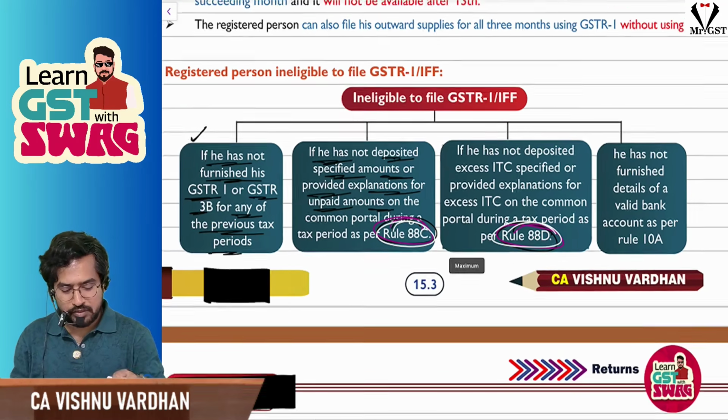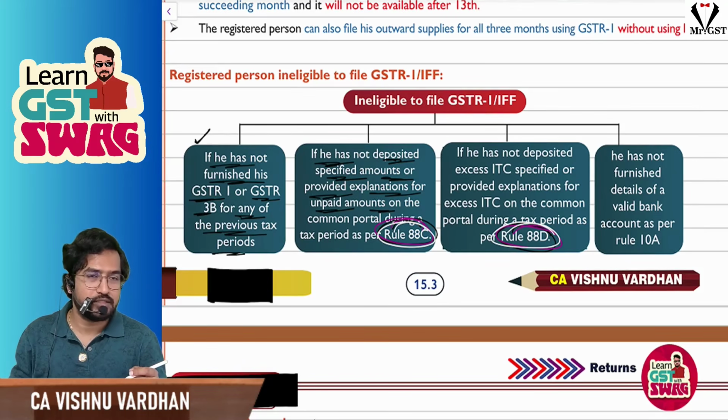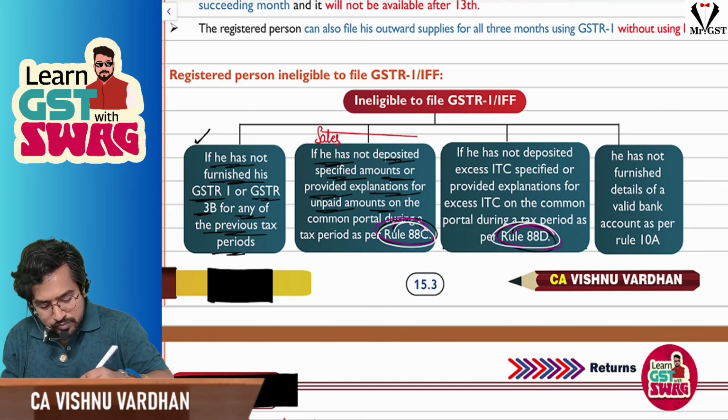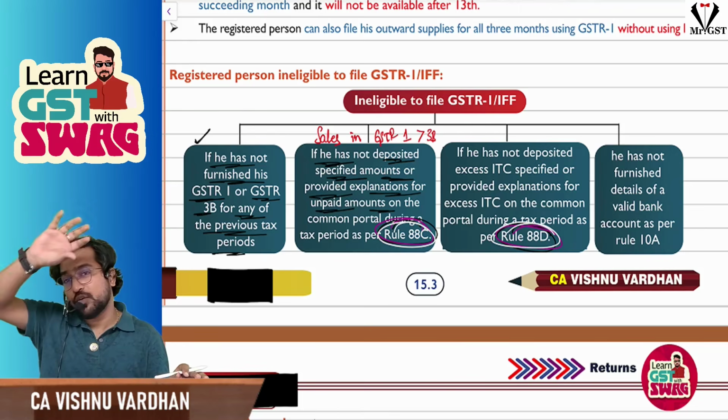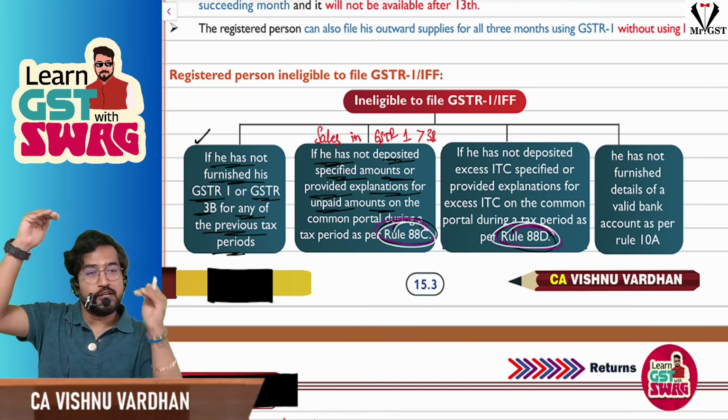When will Rule 88C come into picture? You will get the notice, sir, when your sales in GSTR 1 are greater than 3B. I told you, in 1 you have given 100 lakhs, while filing 3B you forgot, 100 lakhs, 3B 10 lakhs.